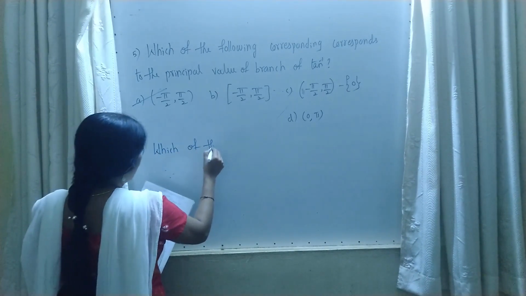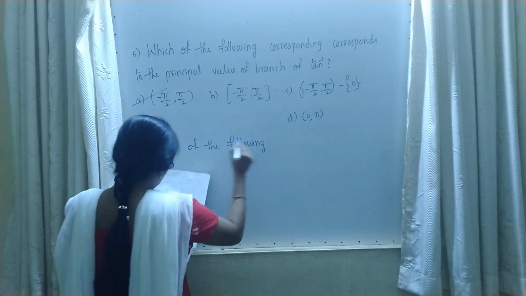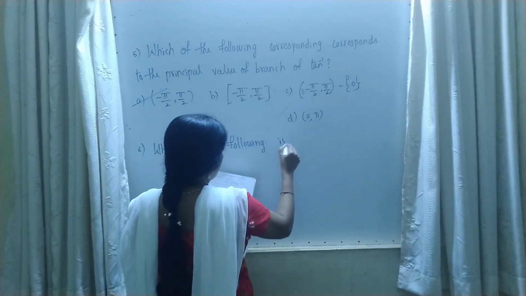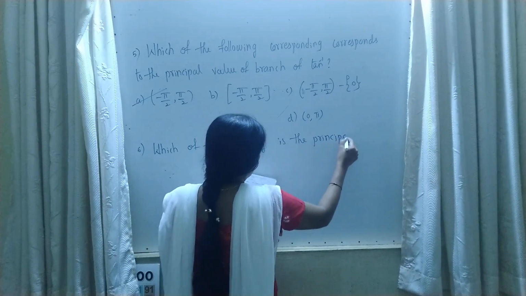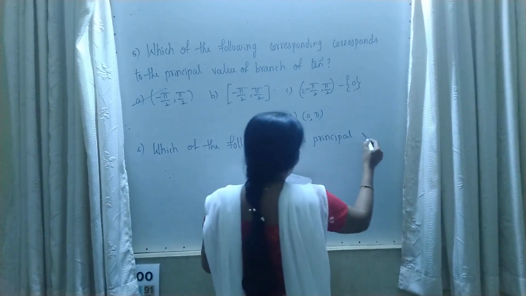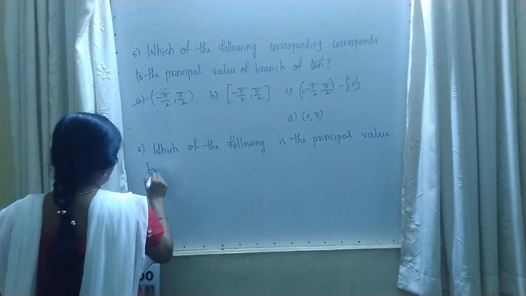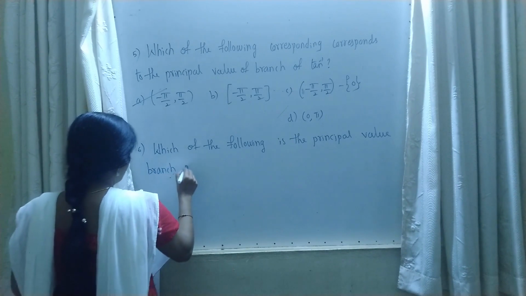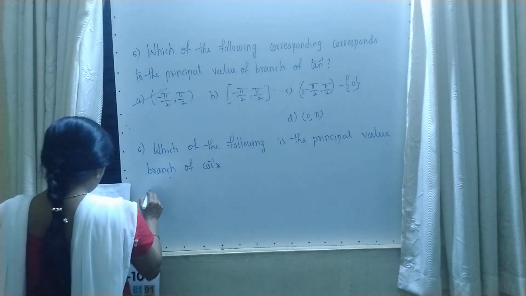Which of the following is the principal value branch of cos inverse x?